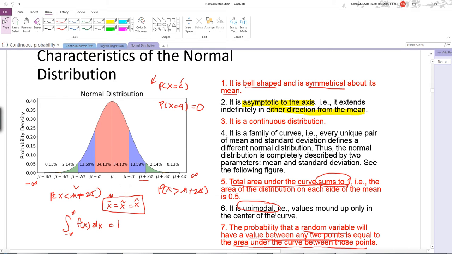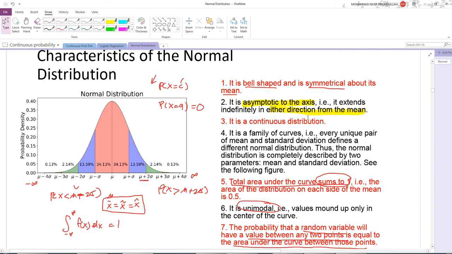So basically, there are 7 characteristics of normal distribution that you should know, right? So yang I highlight merah ni, and this is the most important characteristic that you should remember, right? It's a bell shape, continuous distribution, total area equal to 1, and the probability must be measured based on area under the curve.